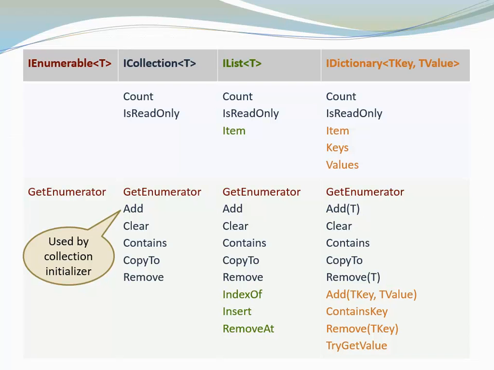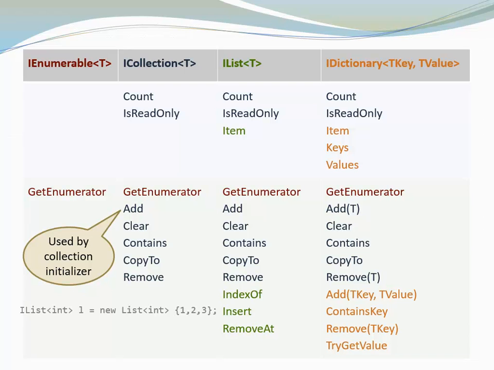The methods have pretty self-explanatory names, but let's have a brief look at the method Add. It has special importance because it is used by the collection initializer. If a collection implements the generic interface ICollection<T>, it has this Add method and it can be initialized with the collection initializer. Let's look at an example.